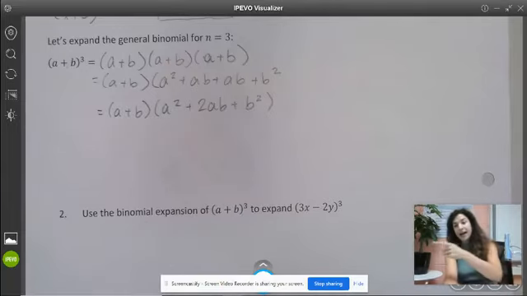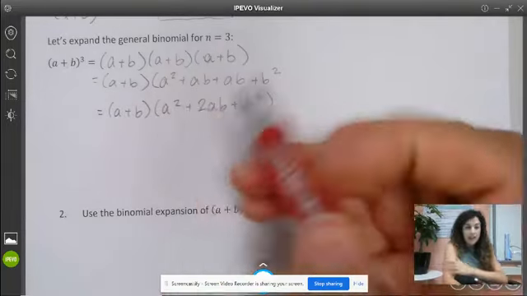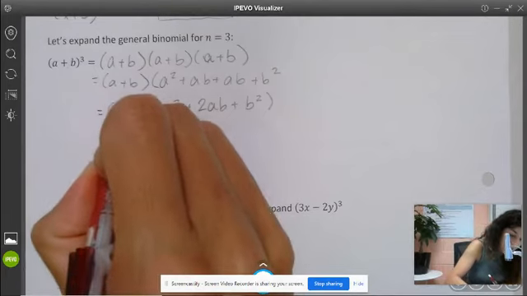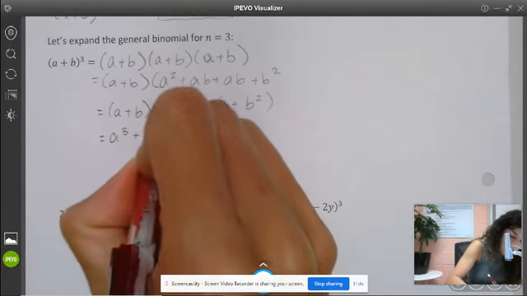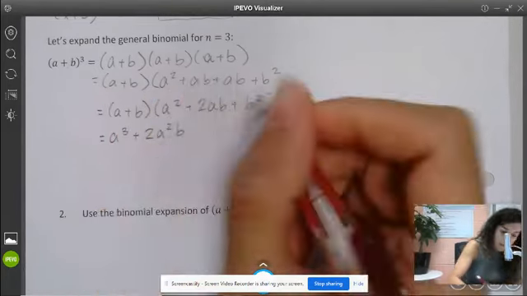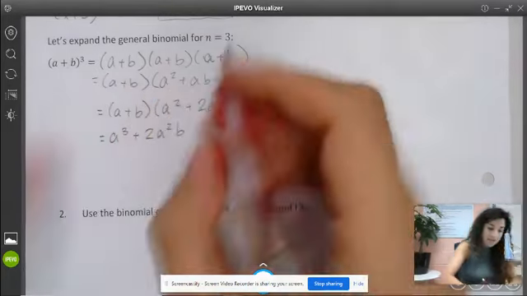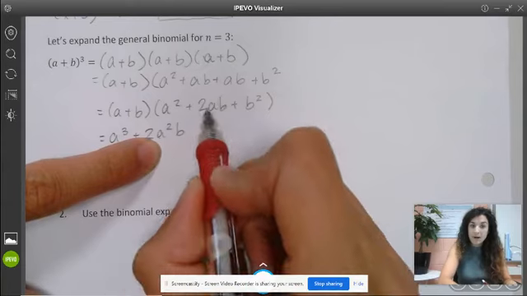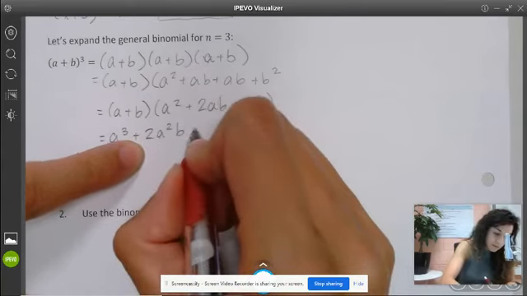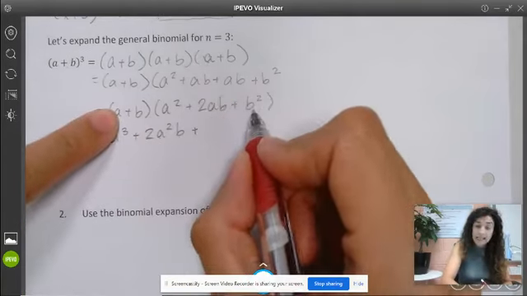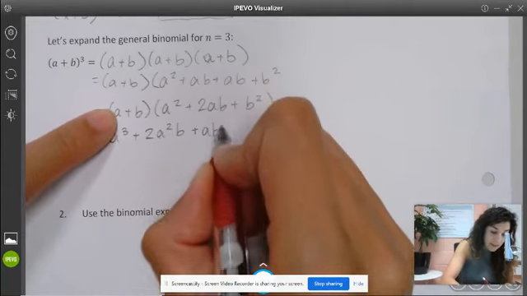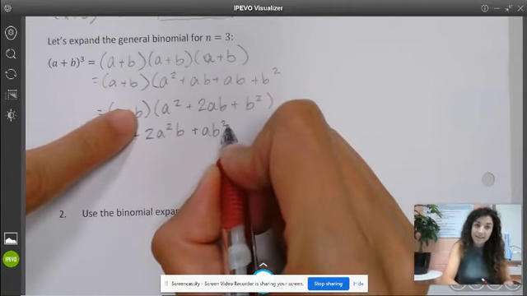And now I'm going to do my last distribution with this guy. So that's going to become a cubed plus 2a squared b. The a's multiply together here to become a squared, and then the b comes down and a 2 comes down. Plus, then a times b squared is just ab squared.